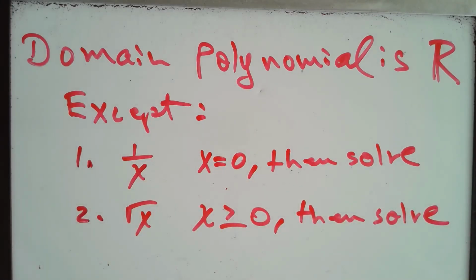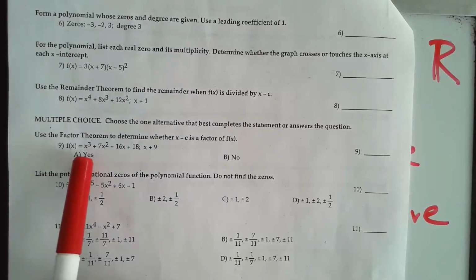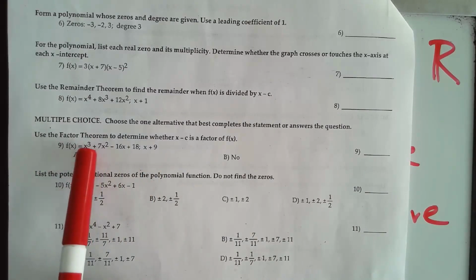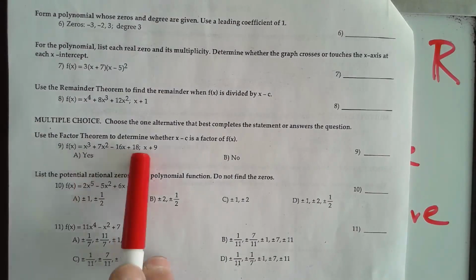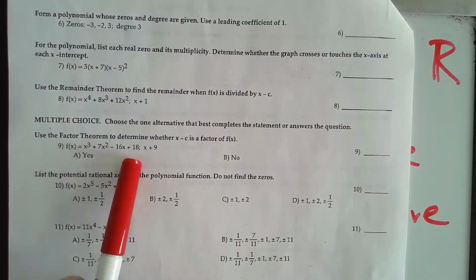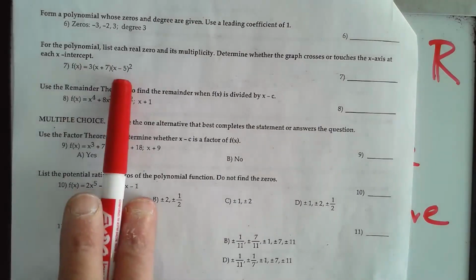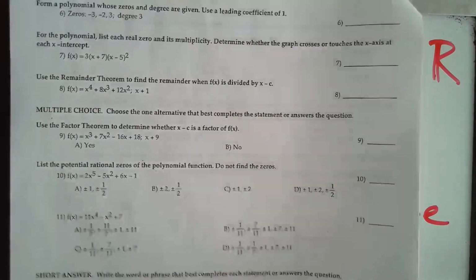So this domain, number 9: x is not in a radical or the denominator, so that's all real numbers.